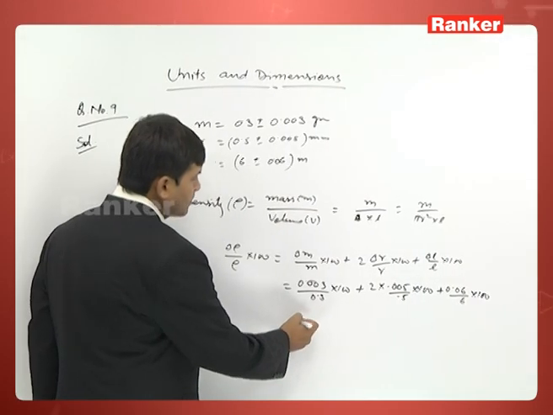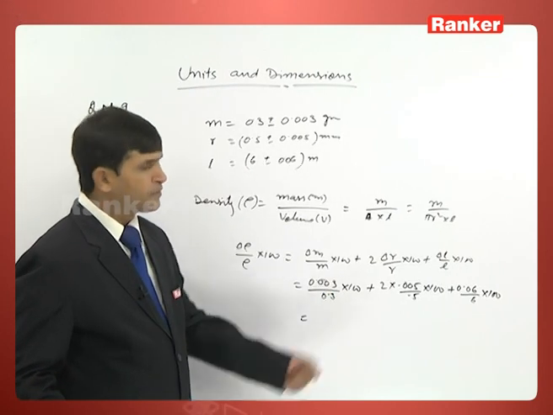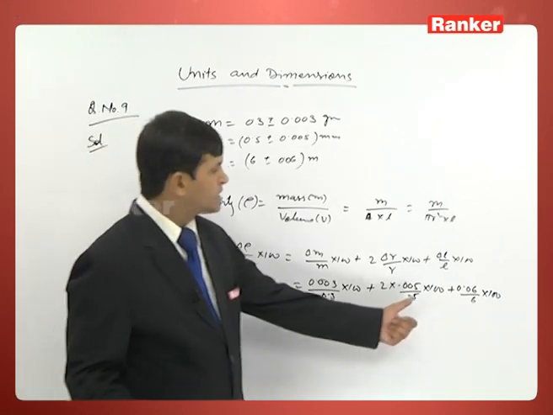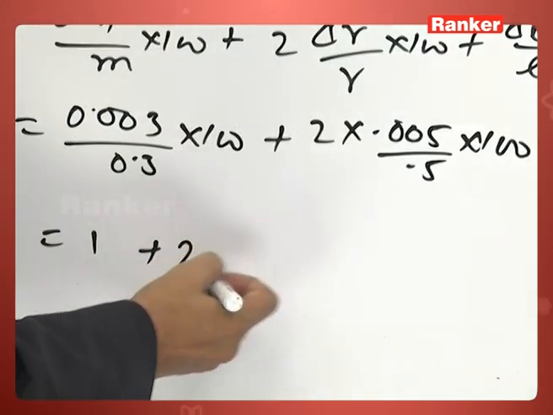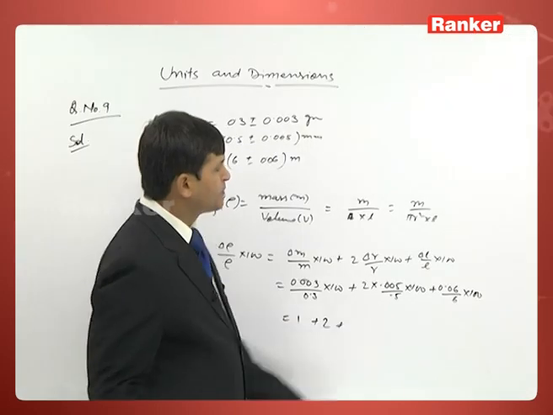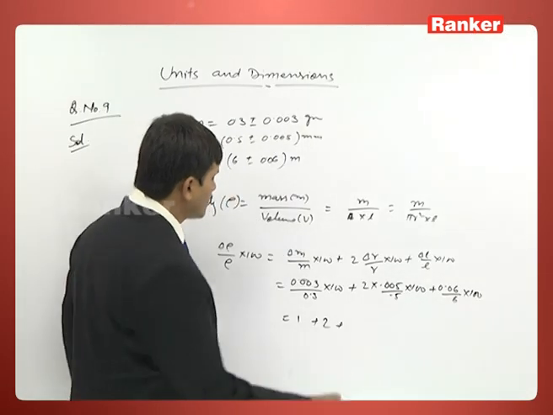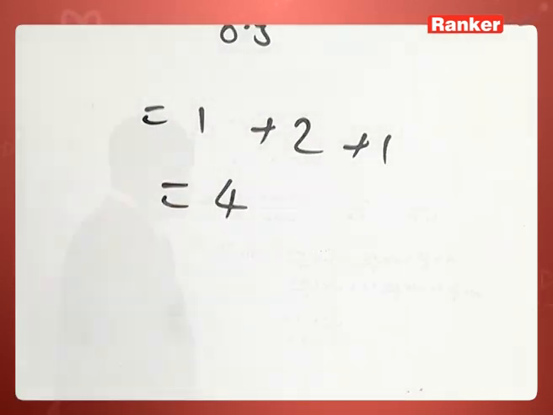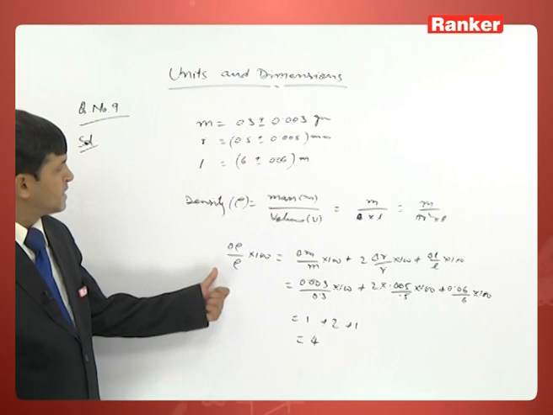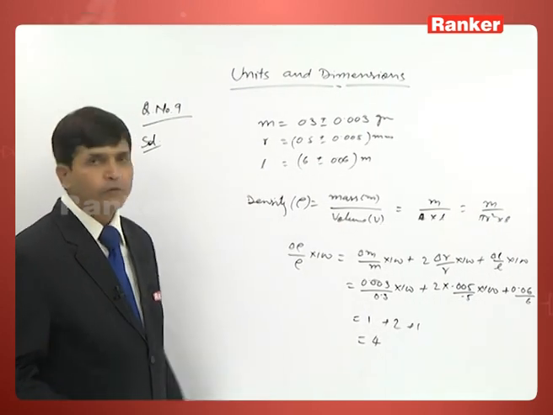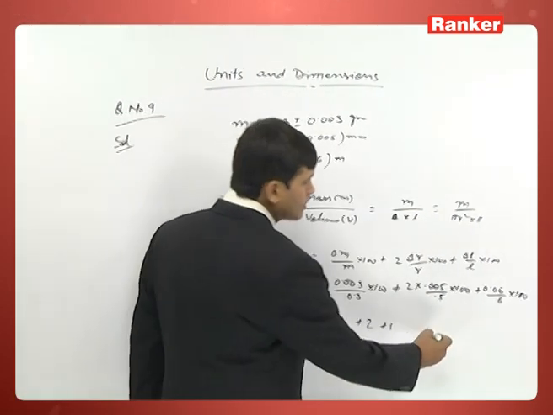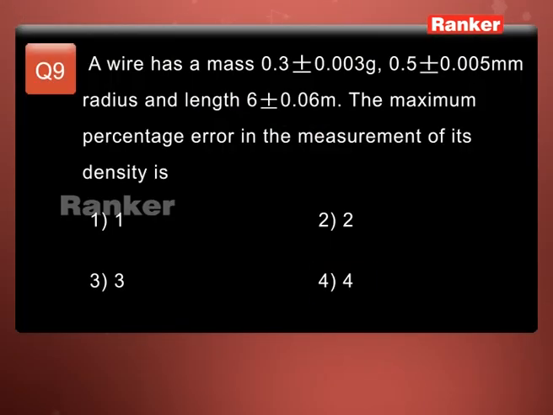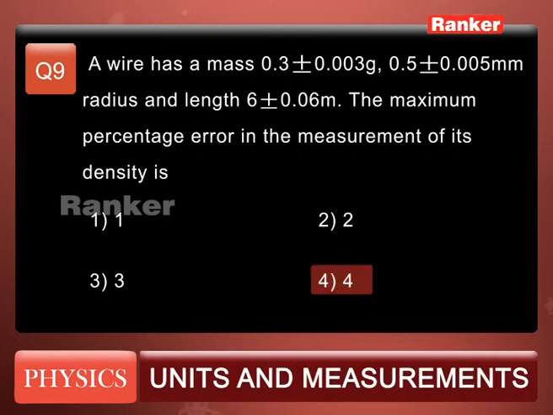Now we can simplify this. The first becomes 1, the second becomes 2, and the third becomes 1 again. So the total is 4. So the percentage error in the measurement of density is 4%. So option number 4 is the correct option.